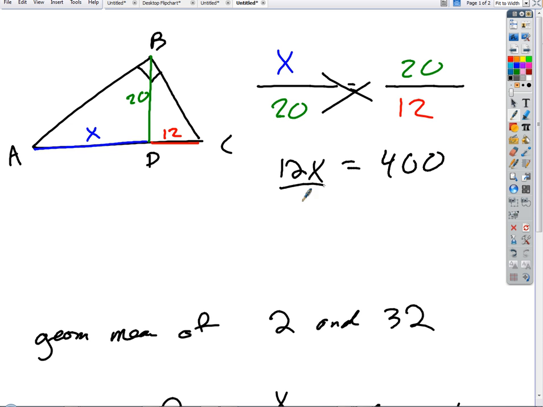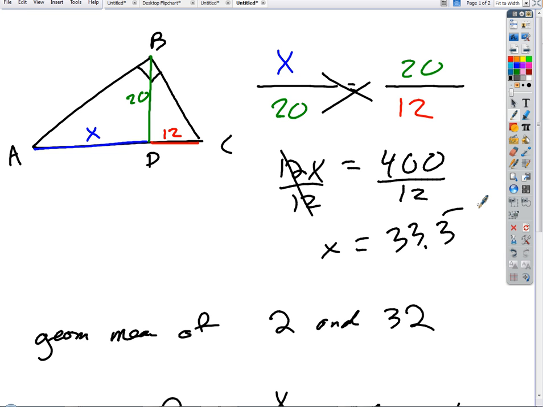Then if I divide both sides by 12, it's just going to be 33.3 repeating. So that's what I get for x. Does that make sense?